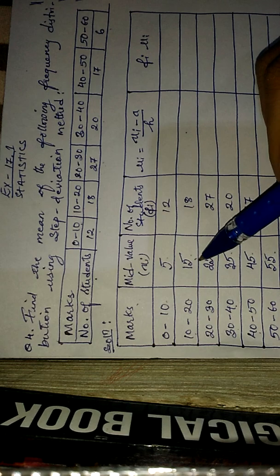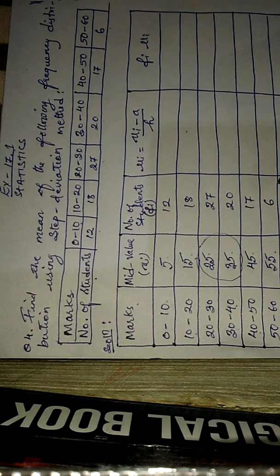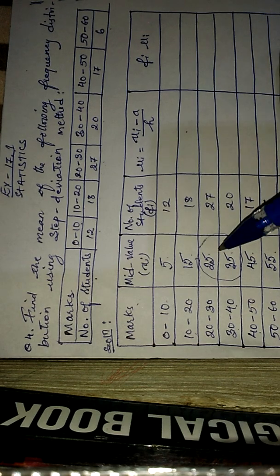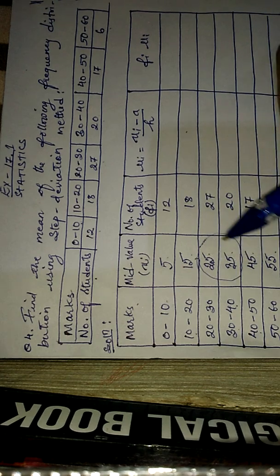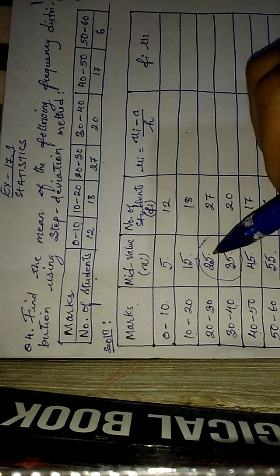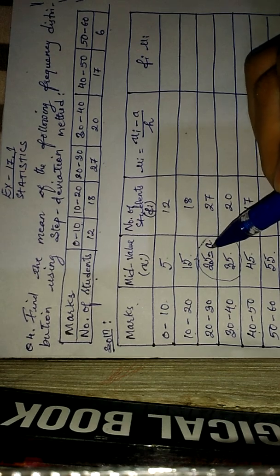Since our number of mid values is even, we get 25 and 35 in the middle. So we can assume either one for our assumed mean. Let's assume this 25 as our assumed mean, a equals 25.